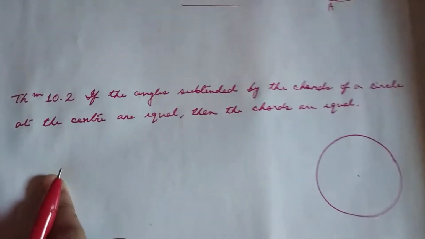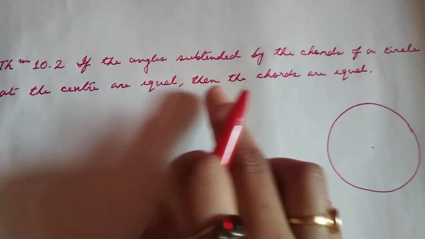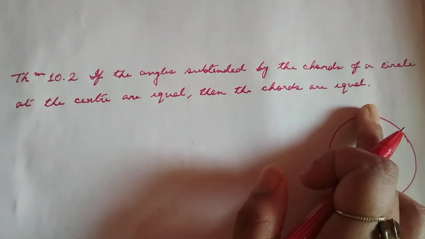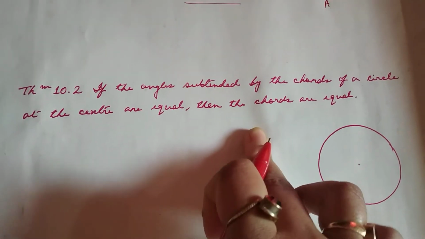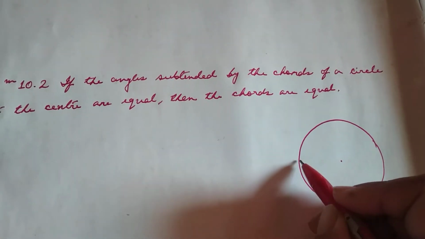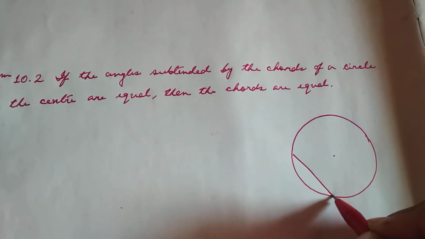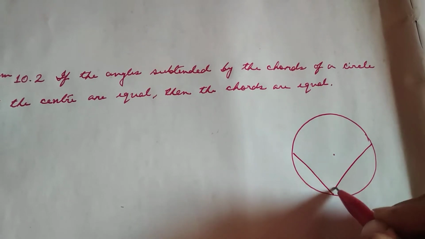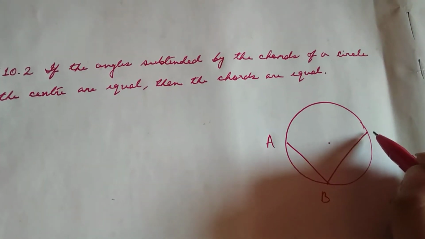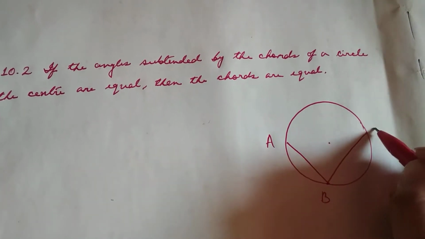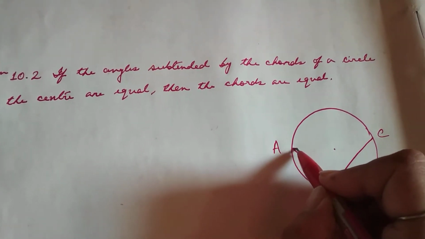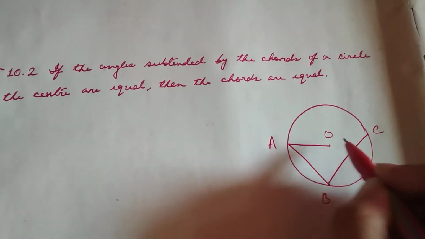Now moving on to the next theorem, theorem 10.2. If the angles subtended by the chords of a circle at the center are equal, then the chords are equal. This is the converse of theorem 1. That is, it says that AB and BC are two chords, and the angles subtended by these two chords at the center O are equal.